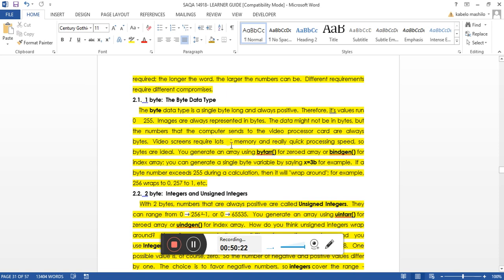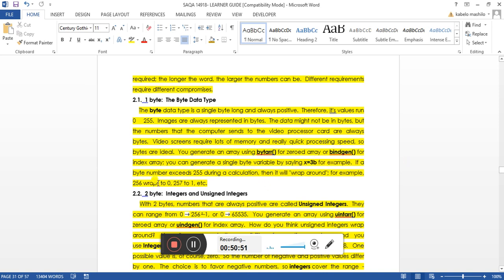Video screens require lots of memory and really quick processing speed, so bytes are ideal. You generate an array using BYTARR for a sized array, or BINDGEN for an index array. You can generate a single byte variable by saying x equals 3B, for example.